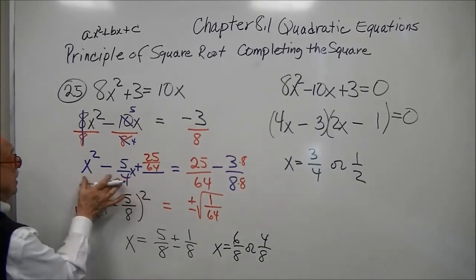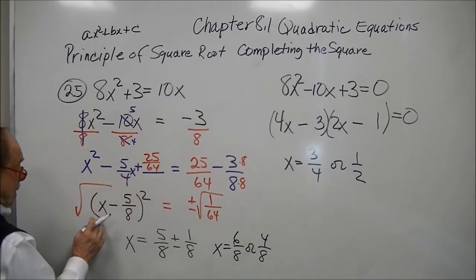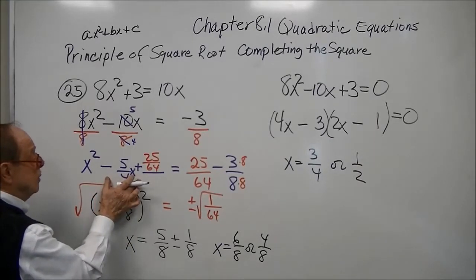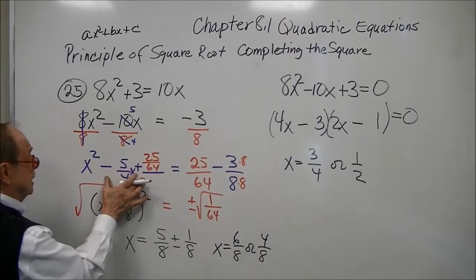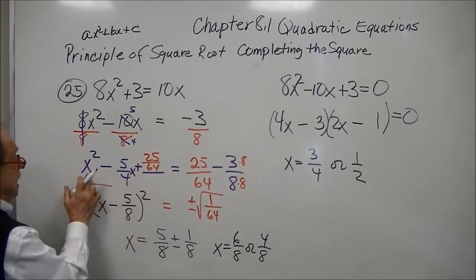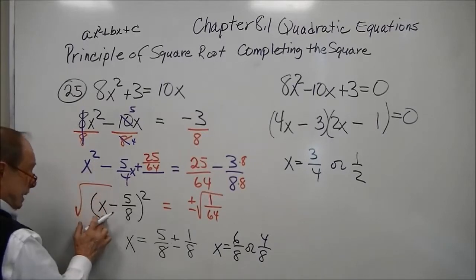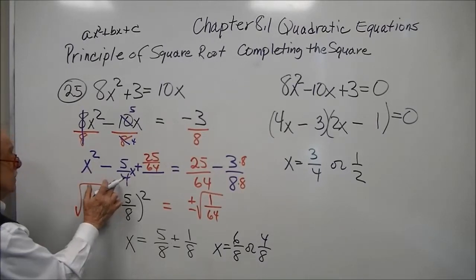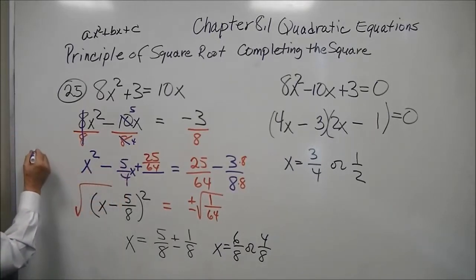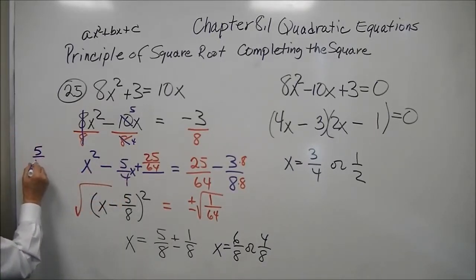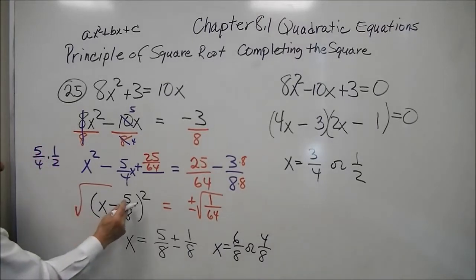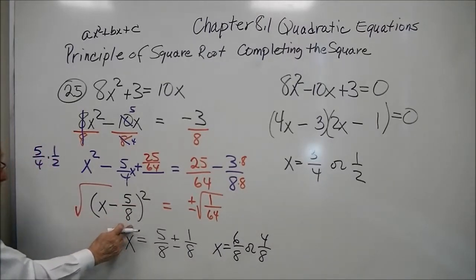Now, this is the part I'm interested in because I want to find what will be a perfect square trinomial for this. So I put the parenthesis with the squared. I take the square root of x, I get the x. Now I have to take half of 5/4. Well, I'm using that technique. 5/4 times 1/2 gives me my 5/8.